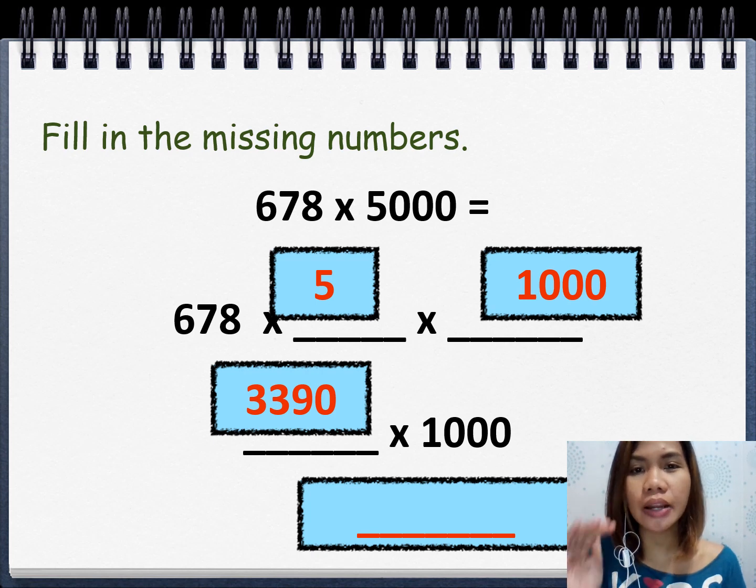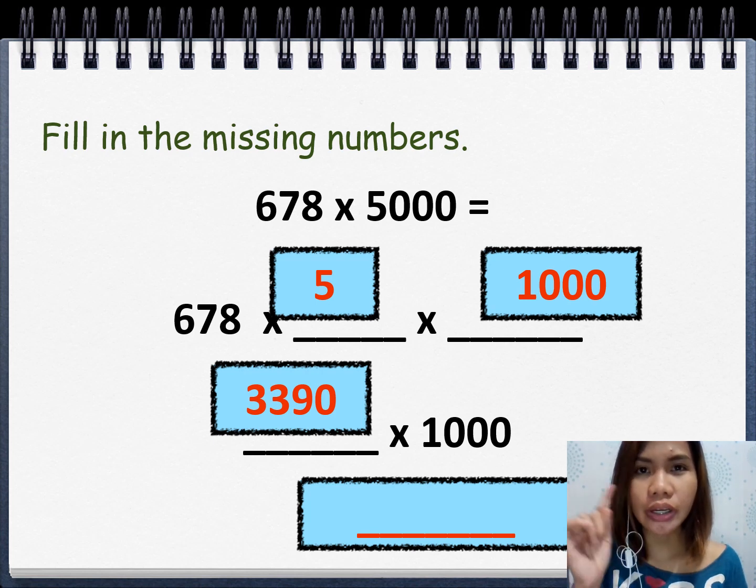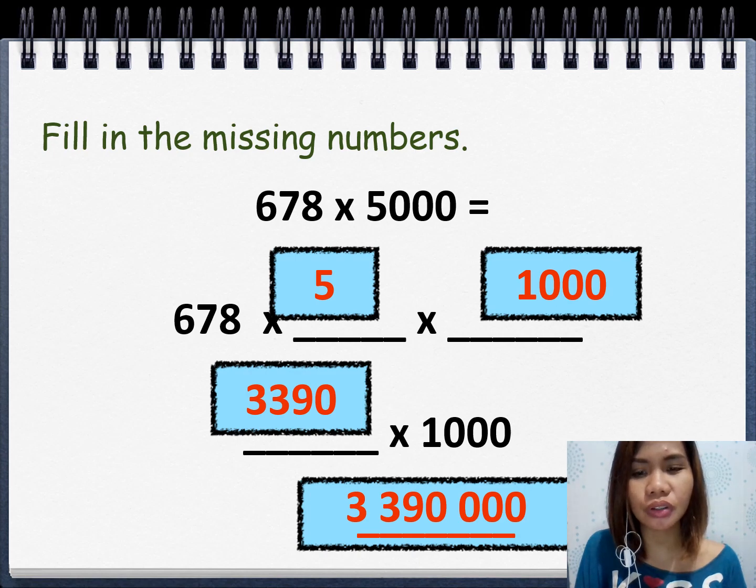Okay, this is kind of easier. Times 1,000, of course, copy 3,390, and how many zeros are there in 1,000? We have 3. So the answer is 3,390,000.